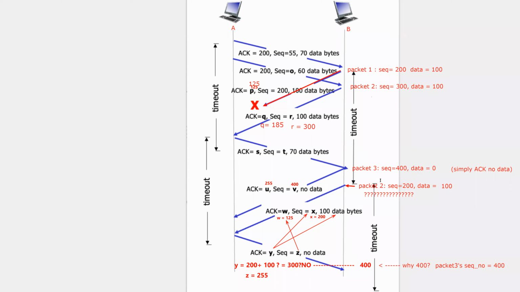It should be packet 1. Sorry, because it's too much stuff. I said packet 2, but actually I specified the sequence number and the data size the same as packet 1. I made a mistake here. Even I can get confused with this much stuff.